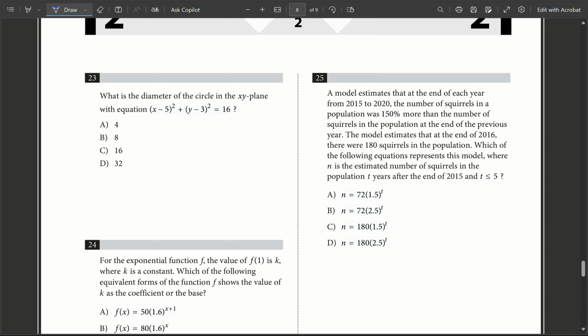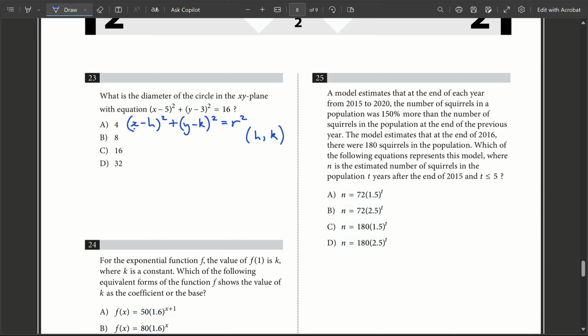Okay, so the standard form of the equation of a circle in the xy plane is x minus h squared plus y minus k squared is equal to r squared. So this 16 here is our r squared. The coordinates of the center of the circle are h and k.